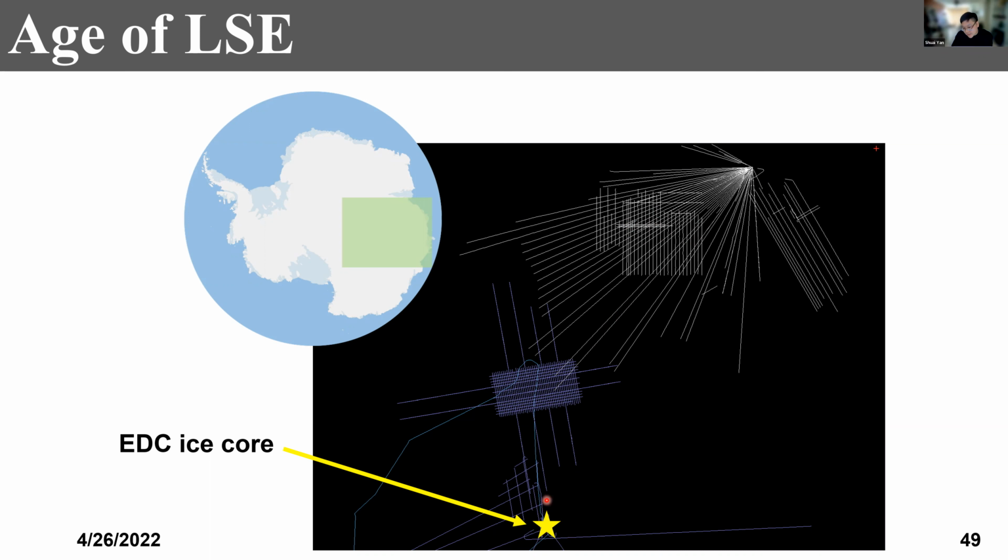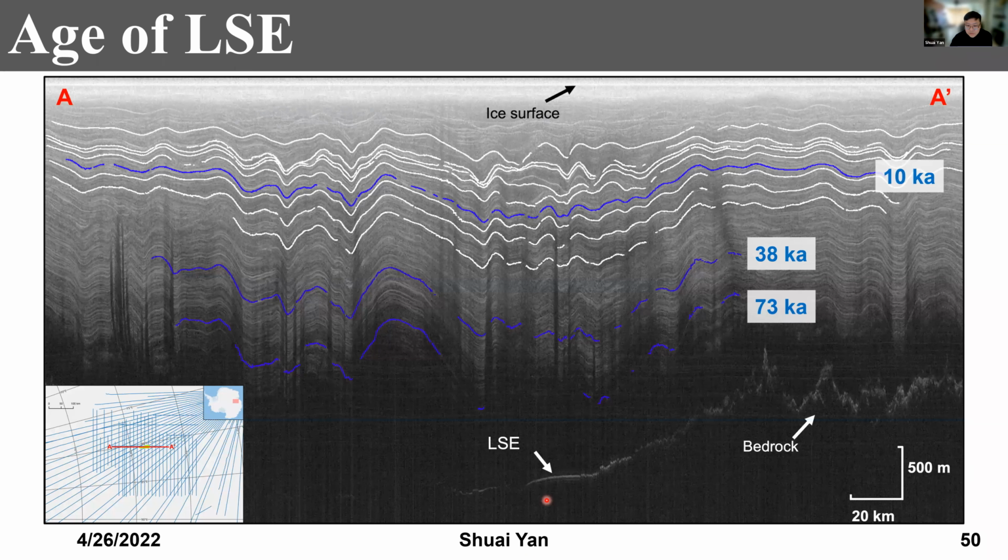So in the past few months, I extended those dated reflections into our new database, and shown here marked as blue a few of those dated reflections. One is about 10,000 years old, another one 38,000 years old, and another one over 33,000 years old. And we can see this irregularity is sitting right above that 10,000 years old reflection, right?